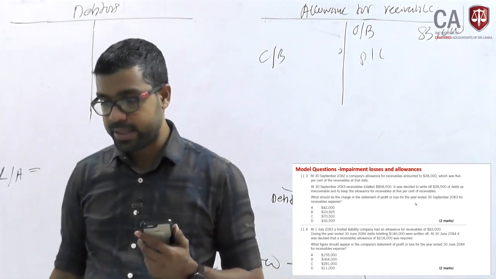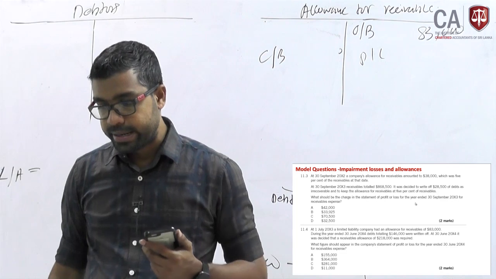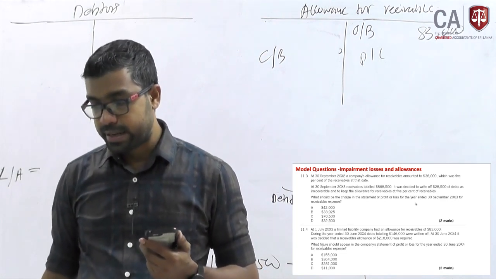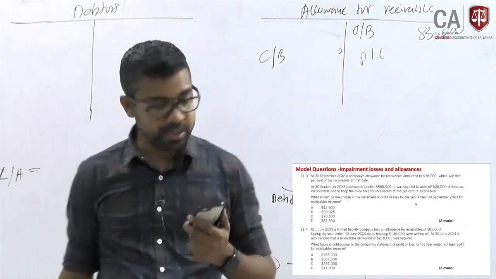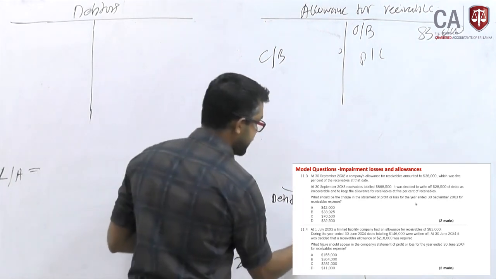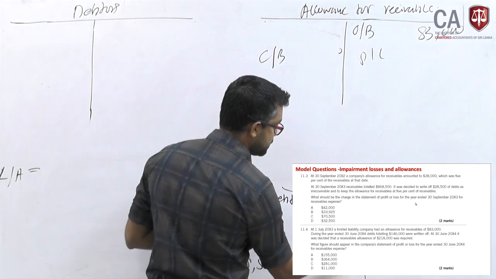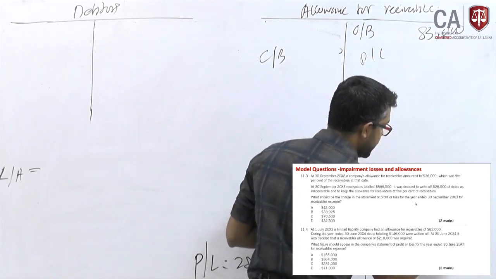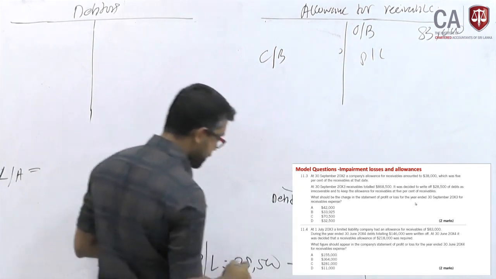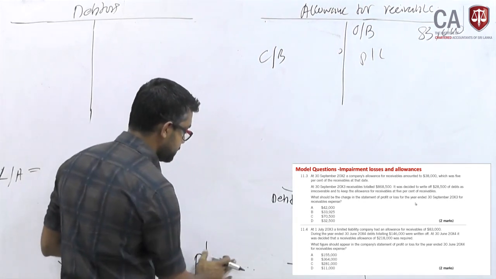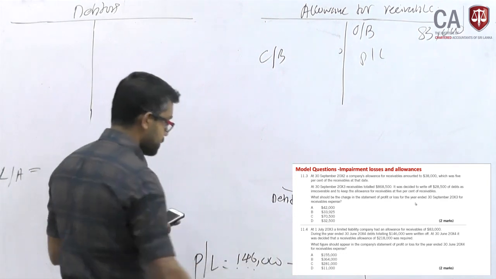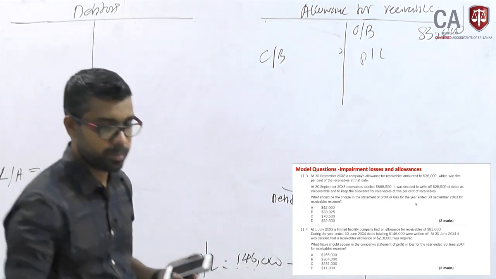During the year ended 30th June 2014, debt totaling 146,000 was written off. Impairment 146,000 to P&L.